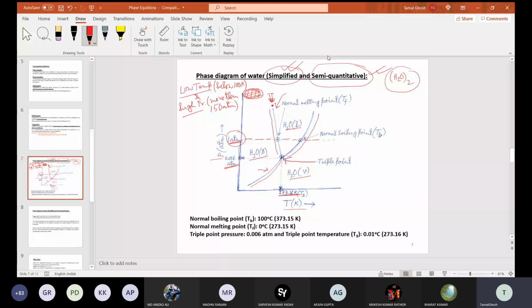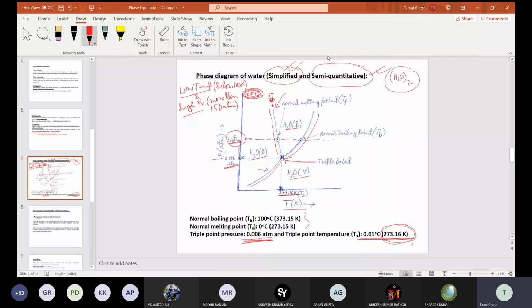So here some of the values are given: normal boiling point, normal melting point. For the triple point, whenever you are considering it, both the values must be considered correctly. So 6 into 10 to the power minus 3 is the triple point pressure, and the temperature is 273.16. And remember, normal melting point is 273.15.